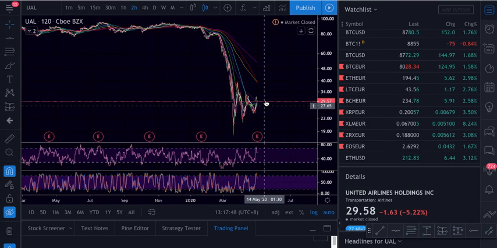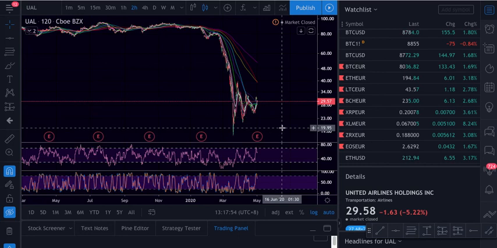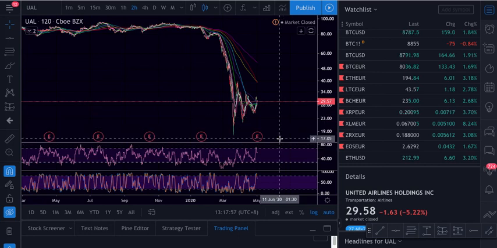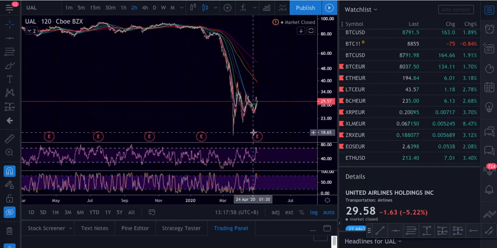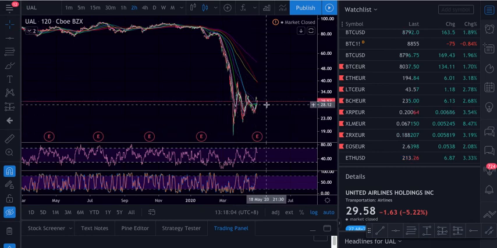You can buy just here, and then you can buy another part here if you come below, and then you put stop loss if you want below those areas, very low areas again. But I think the price is already trying to push up, so let's see what it does.